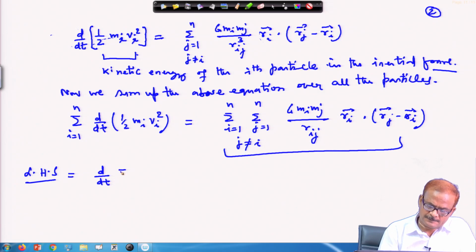We can rearrange it and write it this way: I equal to 1 to n, 1 by 2 m I v I square.